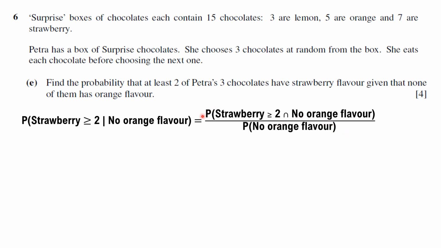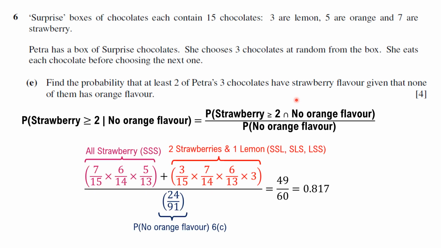So for the top one, the probability of having at least 2 strawberry flavors and there's no orange flavor is going to be either we have 3 strawberries, which is S, S, and S, or we have two strawberries, which is S, S, and the other flavor, which is not the orange flavor, which is lemon flavor.